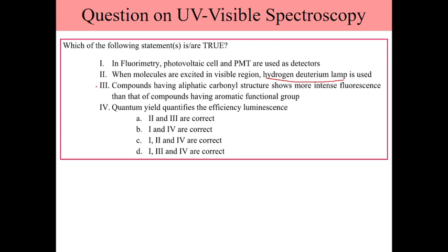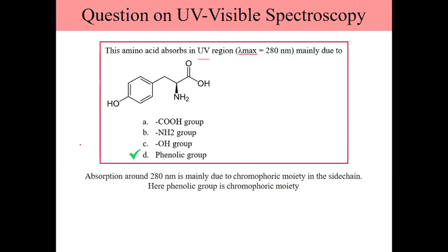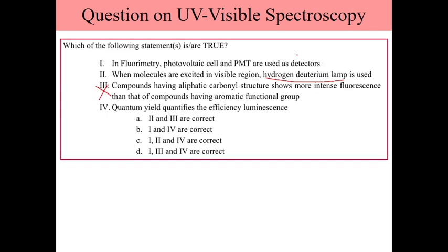This is definitely wrong, because we noticed just now that the aromatic ring was giving more absorbance at 280 nanometer than the aliphatic carbonyl structures, right? So this is wrong, and that means 2 and 3 are wrong.